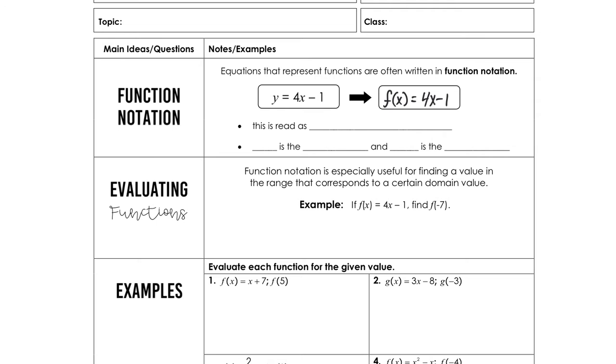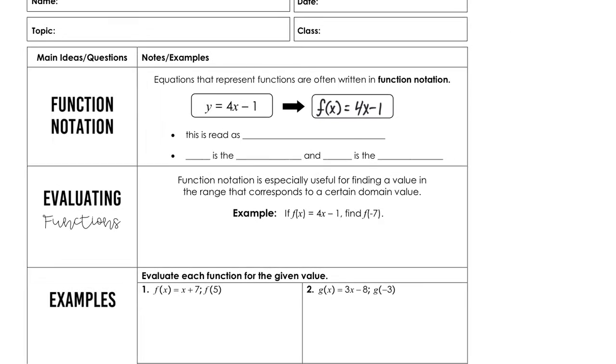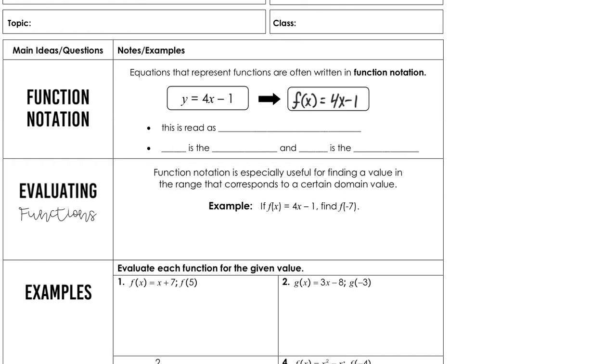Now one of the most important things here I want to bring back to you is one of our basic properties, the transitive property, right? If y equals 4x minus 1 and f of x equals 4x minus 1, well then y must be equal to this f of x notation that we're using.